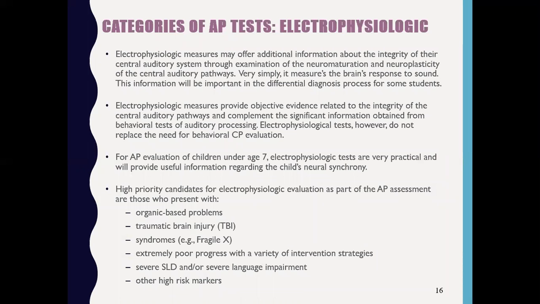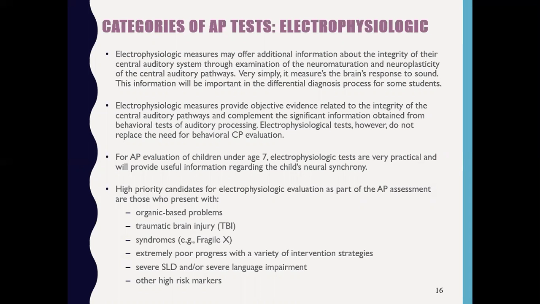Similarly, the electrophysiology testing in the evaluation of auditory processing may tell us what the brain function is doing, but it doesn't tell us how the patient perceives that information or how they're going to respond to that information. So realistically, if you're going to use electrophysiology, it's very important that you include behavioral testing as well.